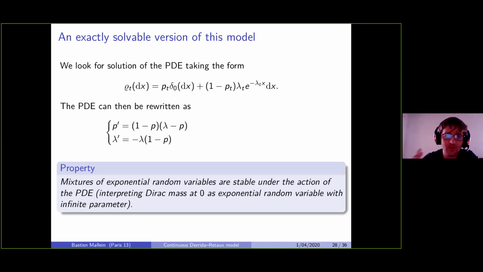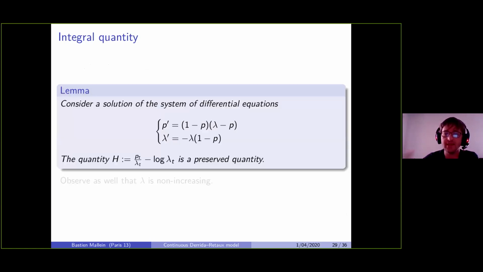But when we have just one exponential random variable and a Dirac mass at 0, it becomes even simpler because you're in dimension 2, and you can find a preserved quantity of the system, an integral quantity of the system. If you look at h equal to p over lambda minus log lambda, the derivative of h is equal to 0 due to the equalities of the system of differential equations.